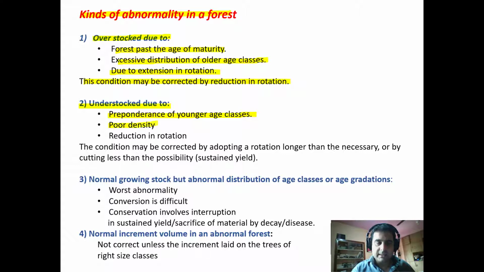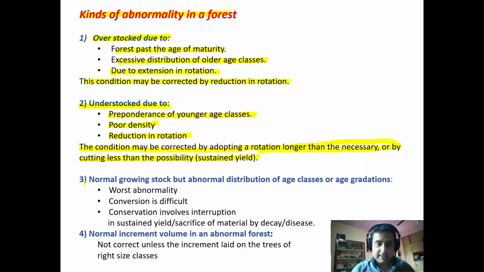It has a poor density. The forest may be understocked due to this, and if we reduce the rotation, the forest may be understocked again. Now how can we correct this? We can correct this by adopting a rotation longer than necessary. So we have to wait for another few years. We have to increase the rotation so as to remove this abnormality, so as to get a sustained yield from the forest or make it normal.